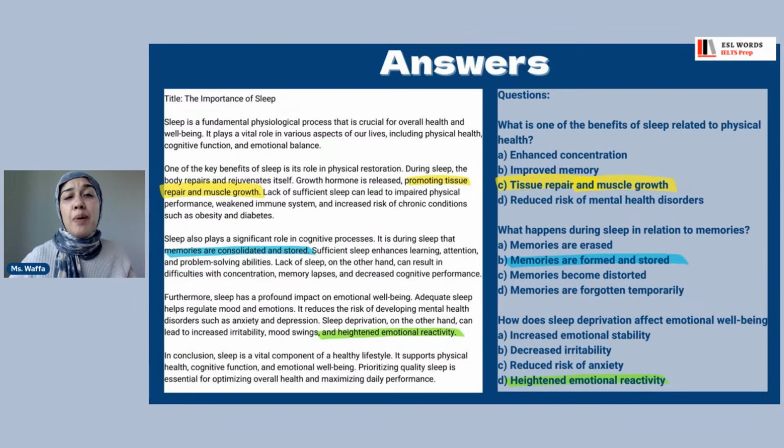The body repairs and rejuvenates itself. These type of vocabulary words are a hint that the answer will be within this sentence. If you keep reading, it tells you exactly what happens: growth hormone is released, promoting tissue repair and muscle growth. So as you see, the answer is C for number one.